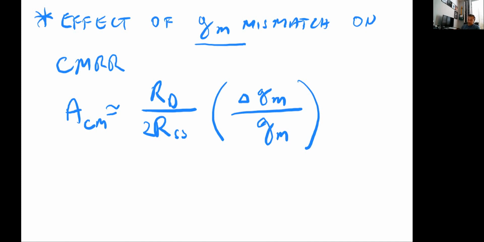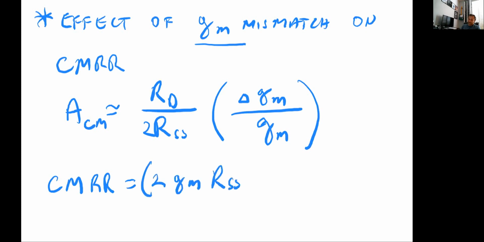Then in that case, similarly to the previous result, we see that the common mode rejection ratio can be expressed as 2GM times RSS divided by the variation.